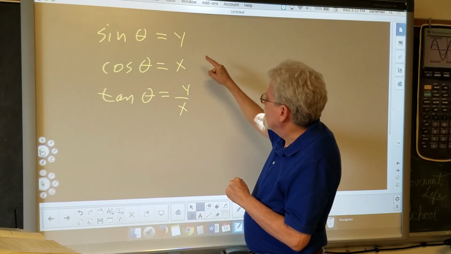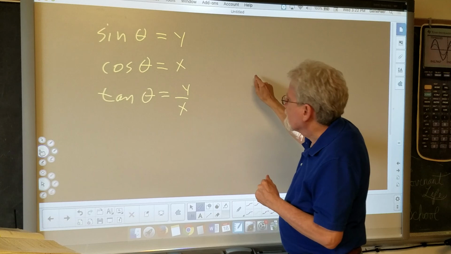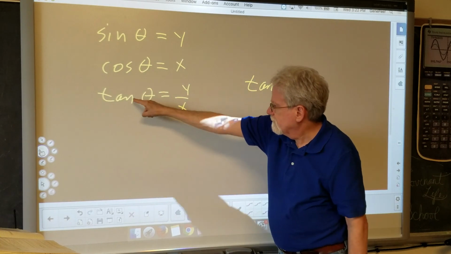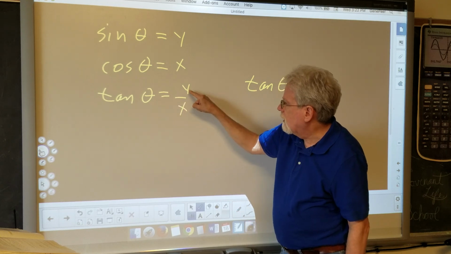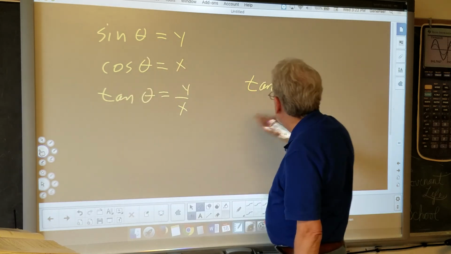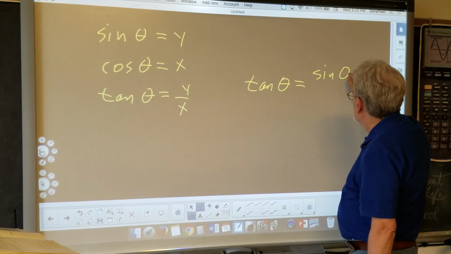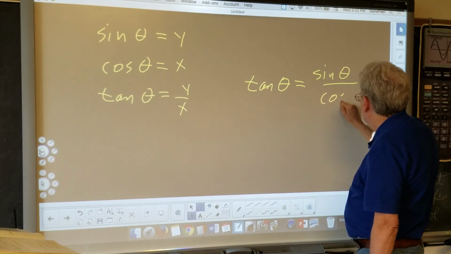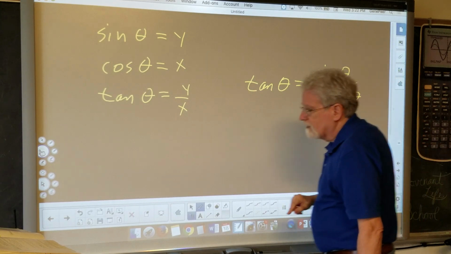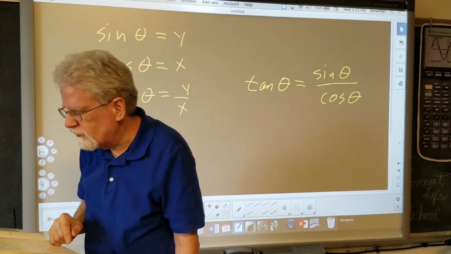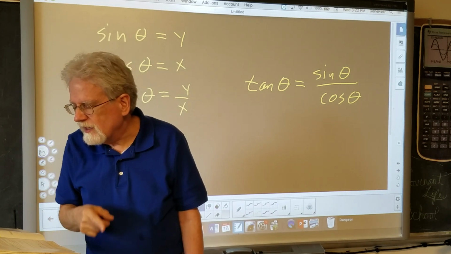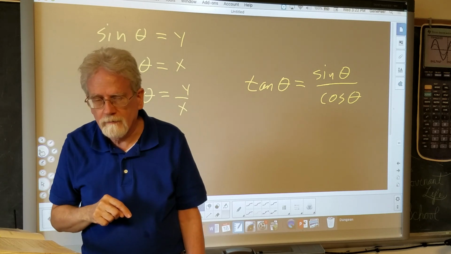Doesn't that therefore mean that the tangent of theta is y over x, but y is sine over x, which is cosine. And that is what the book is referring to as your quotient identity. The tangent equals sine over cosine.